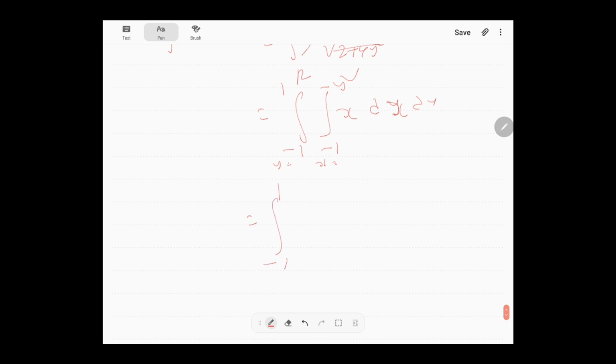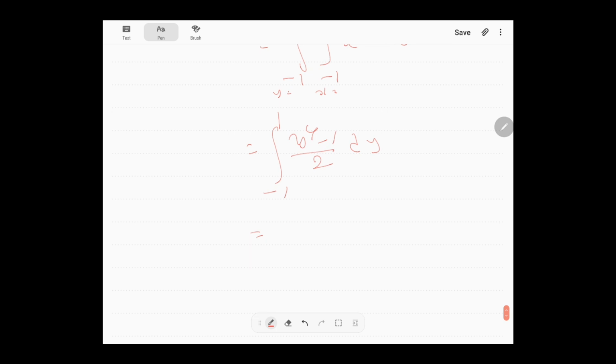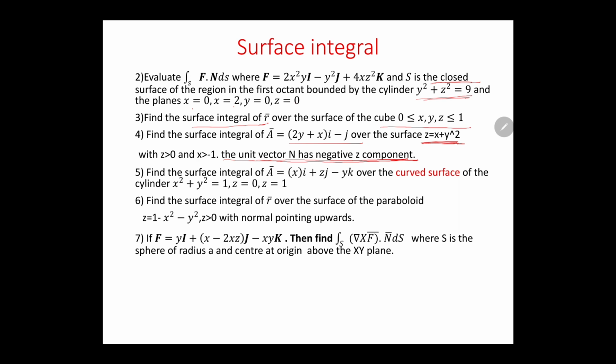The integral of x is x square by 2. If I substitute the limits, y power 4 minus 1 by 2 dy. So this is twice the integral from 0 to 1 of y power 4 minus 1 by 2. The integral of y power 4 is y power 5 by 5, 1 by 5 minus 1. So that will be minus 4 by 5.